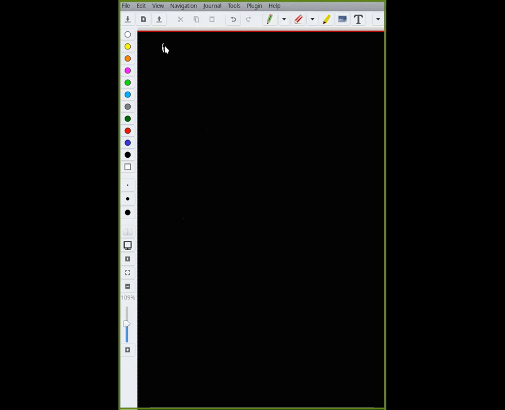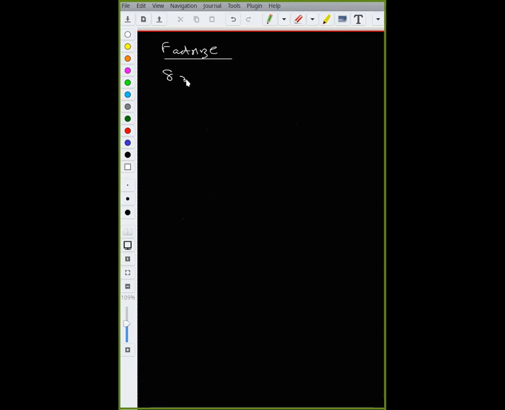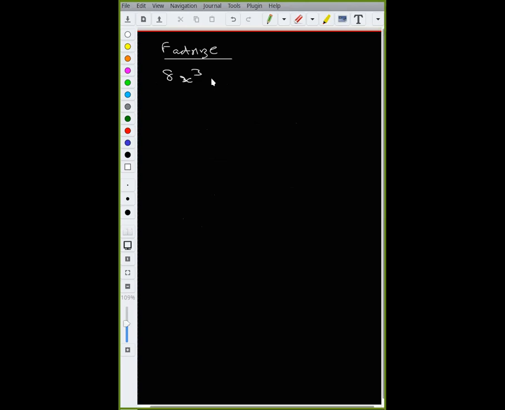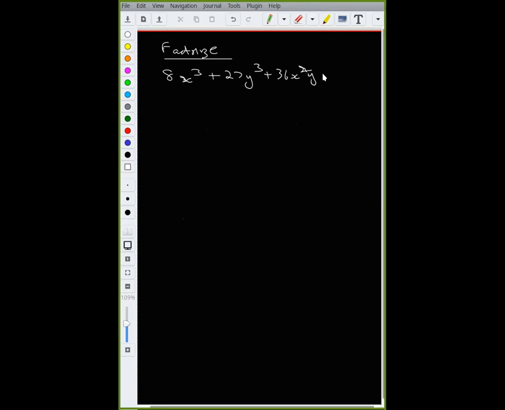Factorize. Eight x cubed plus 27y cubed plus 36x squared y plus 54xy squared.